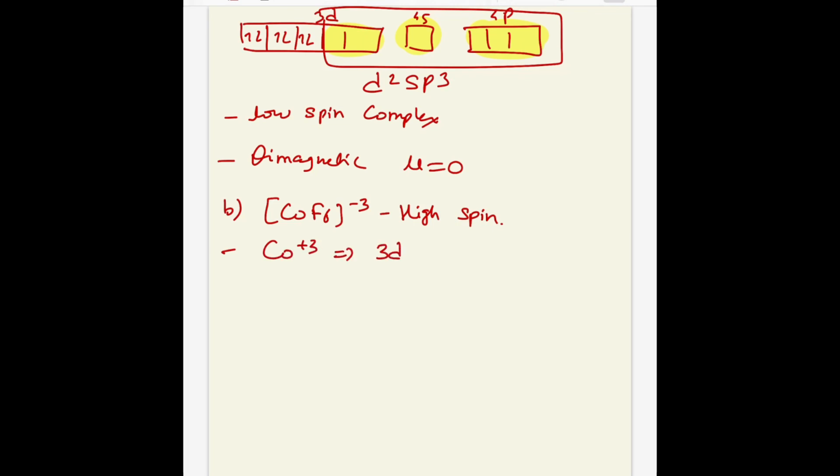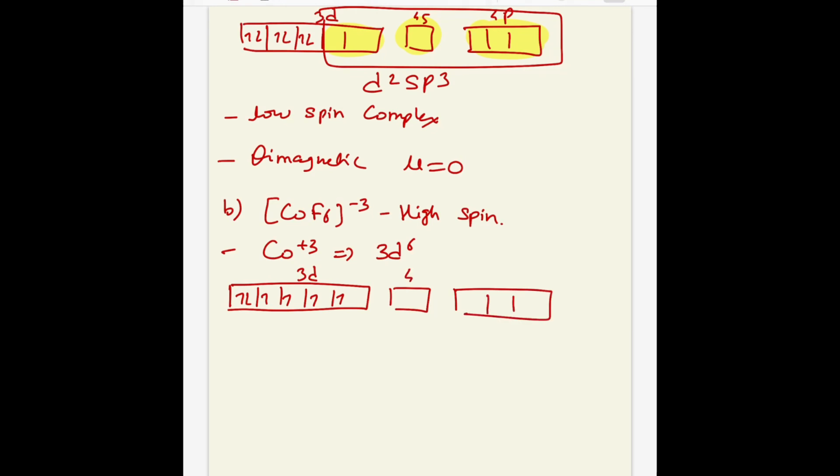So for the oxidation state of plus 3, cobalt has 6 d electrons, (n-1)d electrons, similar to the previous example. Here I will represent it with a box diagram: 3d, then 4s, and then 4p.